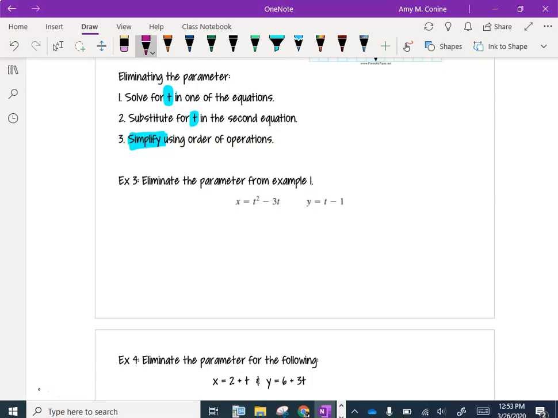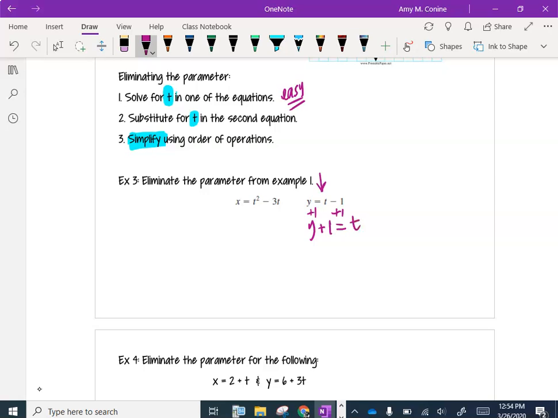For this one, we're going to solve for t in one of the equations, whichever equation is easier. So pick which one is going to be easy. The one that will be easy to solve for t is my y equals. I'm going to add 1 and move it over. So t equals y plus 1.